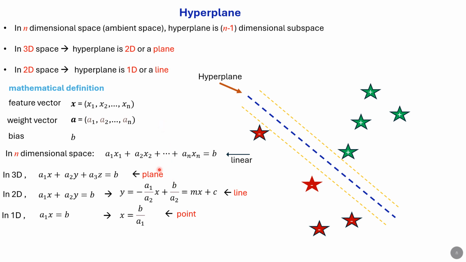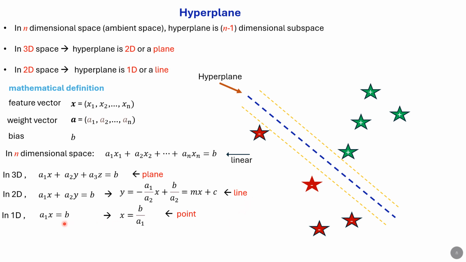In 3D, the equation of a hyperplane is a1x plus a2y plus a3z equals b. This is a plane. And in 2D, it is a1x plus a2y equals b. Again, it is y equals mx plus c. That is the typical equation of a line.